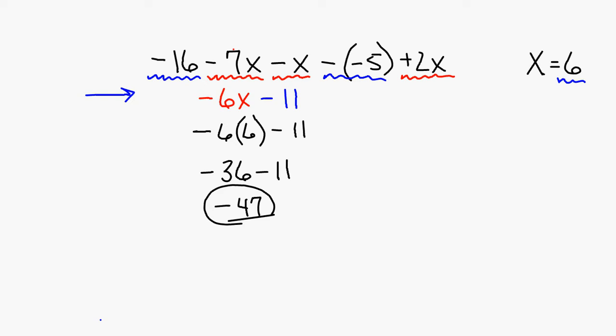All right, then you will have some problems to do where you have to do the distributive property first. So 12 minus 3n plus 4 times 2n plus 5, when n is equal to 14.